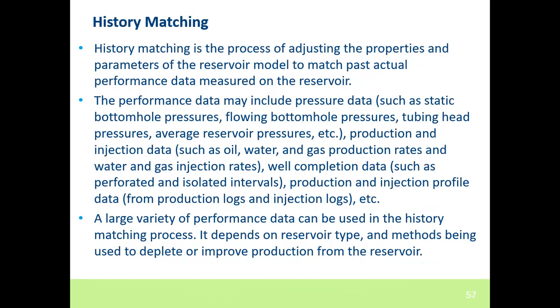History matching is the process of adjusting the properties and parameters of the reservoir model to match past actual performance measured on the reservoir. So the idea is this: for a field that is already under production, you would have pressure data, and you should have production data.